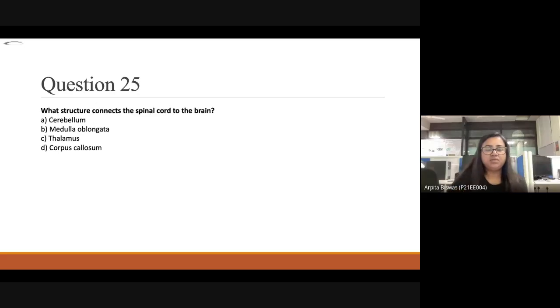Okay. Next, move to question number 25. What structure connects the spinal cord to the brain? First option is the cerebellum, second is the medulla oblongata, then thalamus, then corpus callosum.